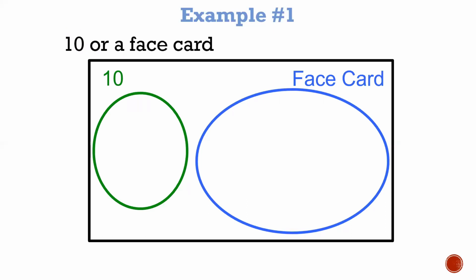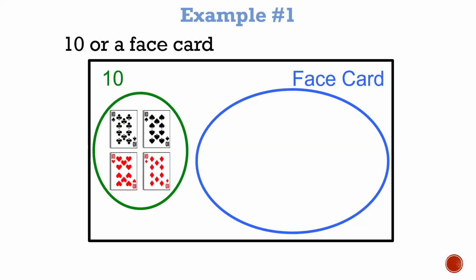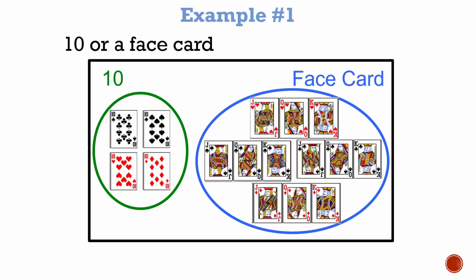You guys know this. 4, right? Very good. And for face cards, there are 12. There are 3 faces, the king, queen, and jack, and there are 4 of each. So the probability of A, drawing a 10, is 4 out of 52. The probability of B is 12 out of 52.